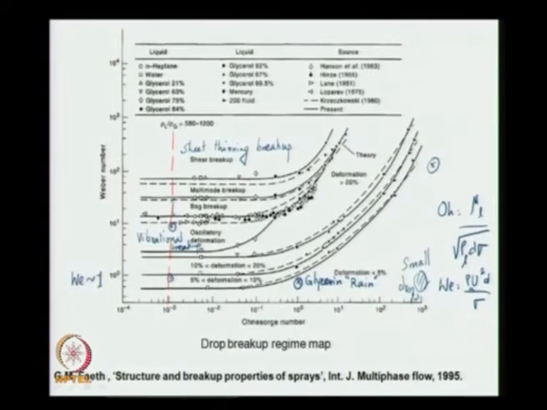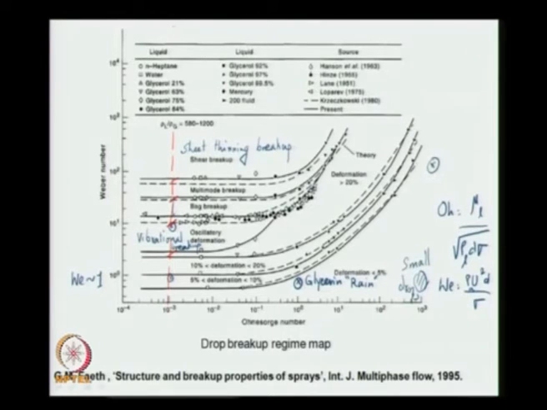So, these, let us say, start of the oscillatory breakup till right there, and then the bag breakup, multi-mode, and then above that you have a little bit of sheet thinning, and further up is your catastrophic breakup. So, these correspond reasonably well with the values that we discussed in the previous slide, but as I increase my Ohnesorge number, clearly these values are not going to be the same.